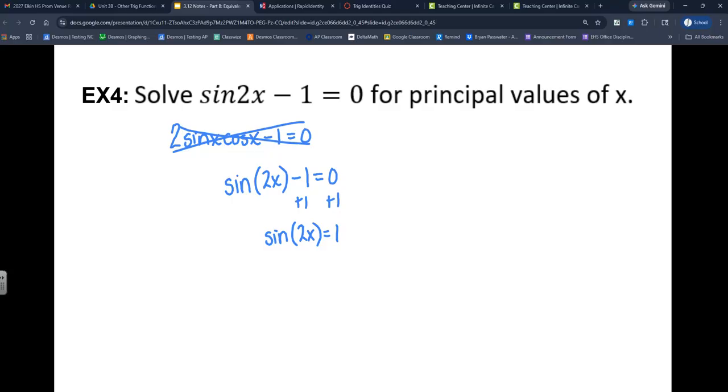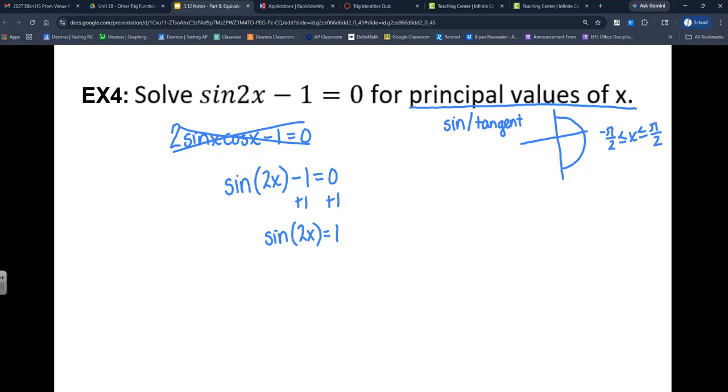Okay, now, this says to solve for principal values of x. If you remember back to when we were looking at inverse trig, for sine and tangent it was the first and the fourth quadrant, negative pi over 2 less than or equal to x less than or equal to pi over 2, right?